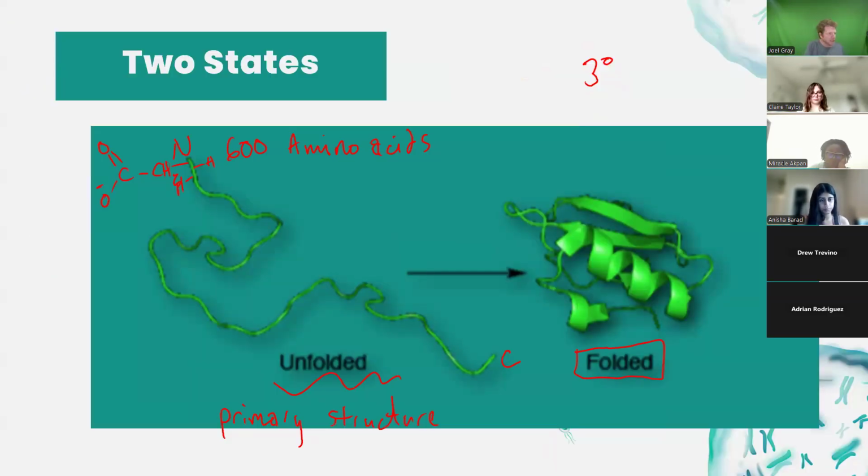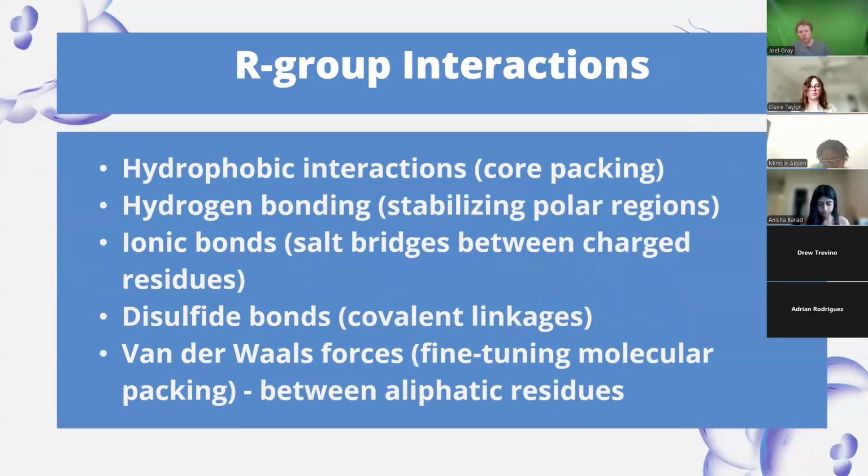If we could rotate this molecule and look at the center of that protein, it would be a bunch of non-polar residues that cluster together to basically keep everything else out. So your hydrophobic residues are going to pack into the core. Hydrogen bonding is going to stabilize polar regions of a protein.